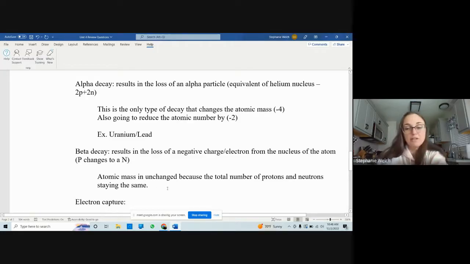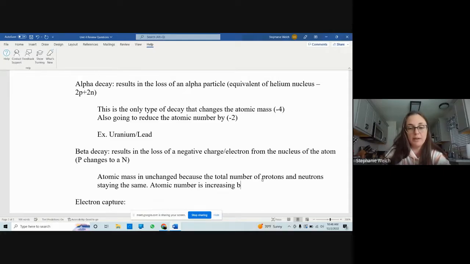So the atomic mass is remaining unchanged. The total number of protons and neutrons is staying the same. The only thing that is changing is the atomic number. And so the atomic number is increasing by 1. Radiocarbon is a good example of this.